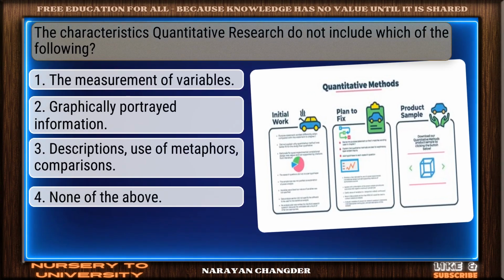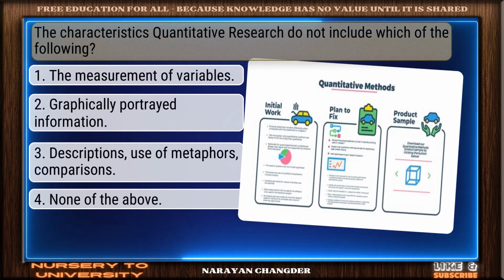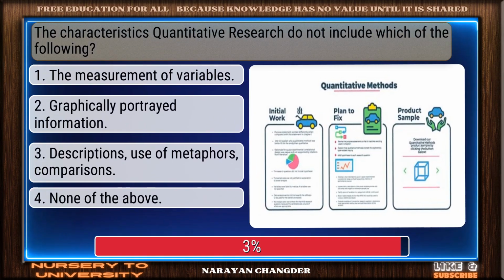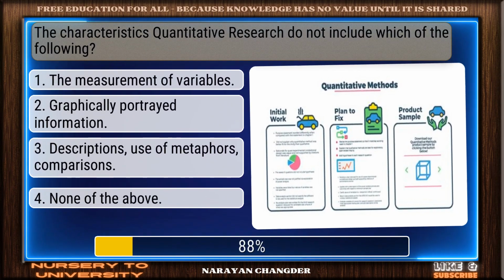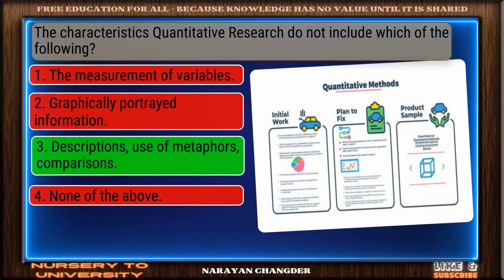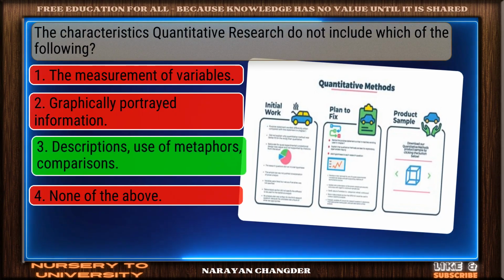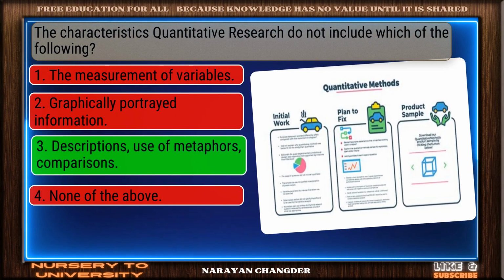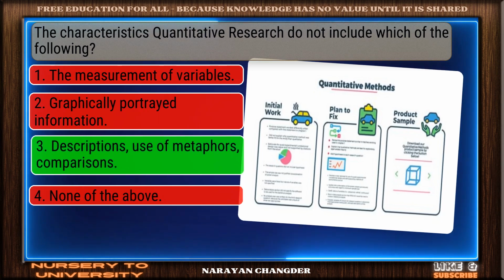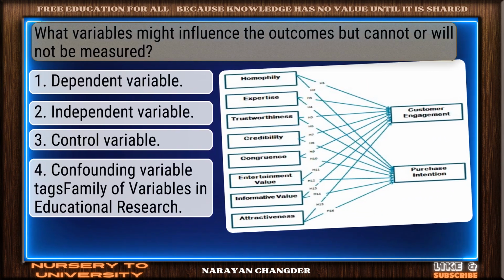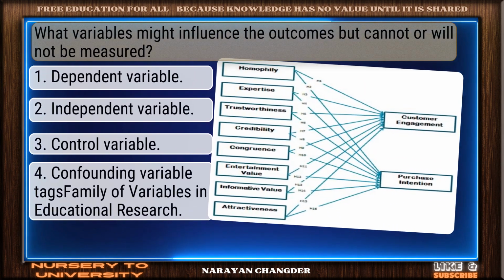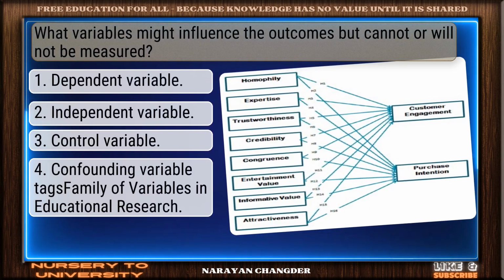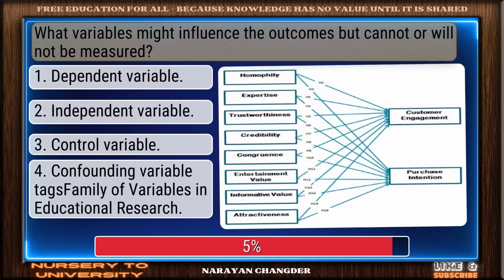The characteristics of quantitative research do not include which of the following? Smart pick. Descriptions, use of metaphors, comparisons is the correct choice. What variables might influence the outcomes but cannot or will not be measured?